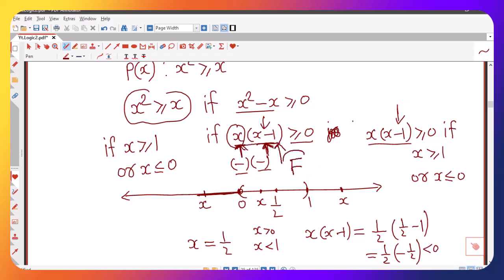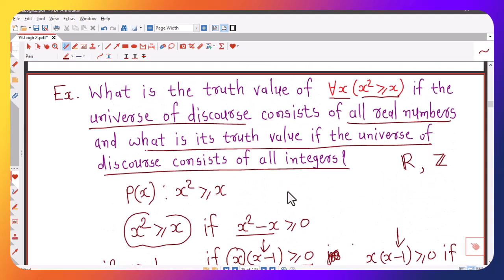This is going to be negative if x lies between 0 and 1. Now suppose our domain is the set of real numbers, then we can say that for x equal to 1 by 2, this is not true, therefore this quantification is having truth value false if domain is set of real numbers.